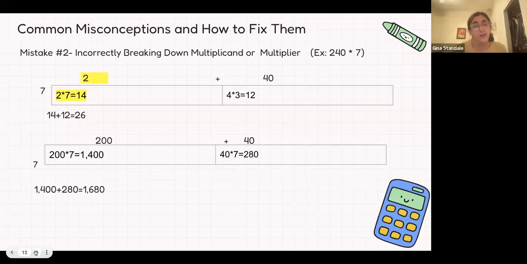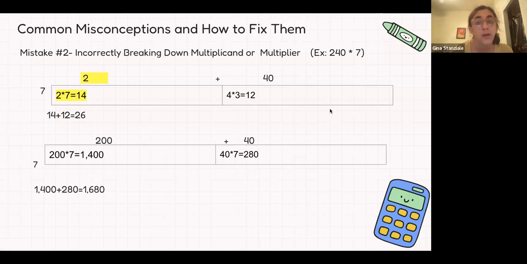In a similar vein, we have incorrectly breaking down the multiplicand or multiplier. So to do the area model correctly, it requires you to break the multiplicand or the multiplier down into basically expanded form. And sometimes kids don't fully grasp that.